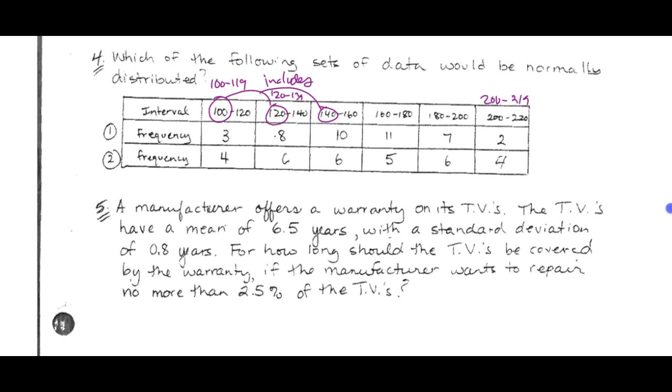Okay, so which of these is more likely normally distributed? Number 1 or number 2? Number 1. Why? Bigger in the middle, smaller in the ends. Yeah, bigger in the middle, smaller in the ends, right? So we've got a large middle and little on the ends. This one's just pretty evenly distributed, right? 4, 6, 6, 5, 6, 4.